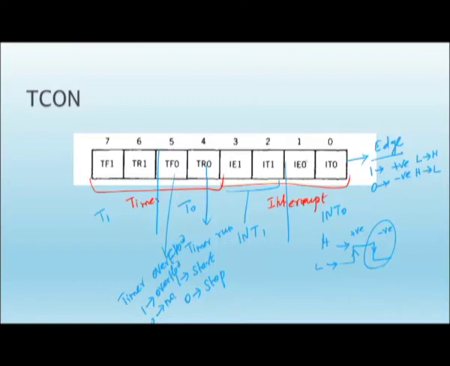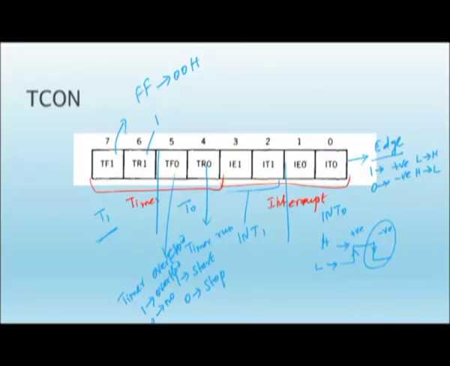So, based on TF0 we can understand the status of the timer, whether it has exceeded the limit or not. These functions are repeated for timer 1. To start timer 1, TR1 should be 1. Whenever overflow occurs, suppose you are using an 8-bit register, then when the value changes from FFH to 00H, TF1 will be active.